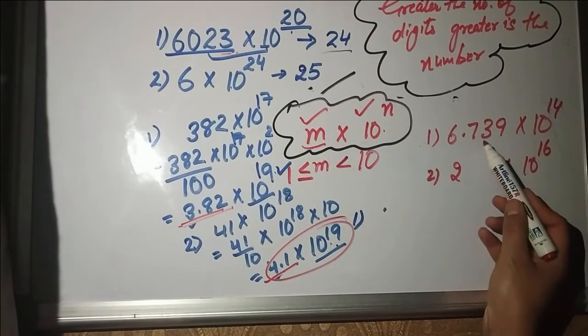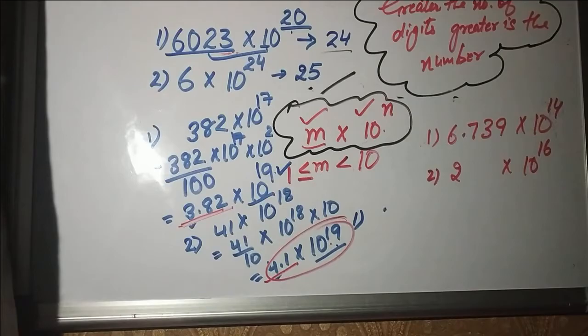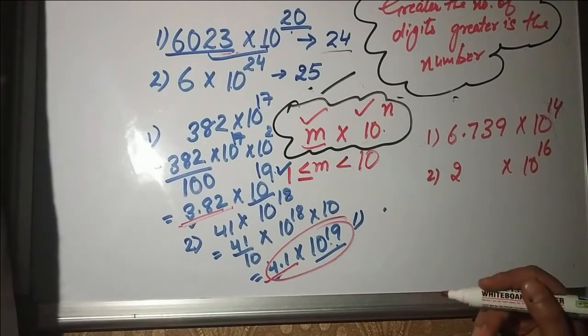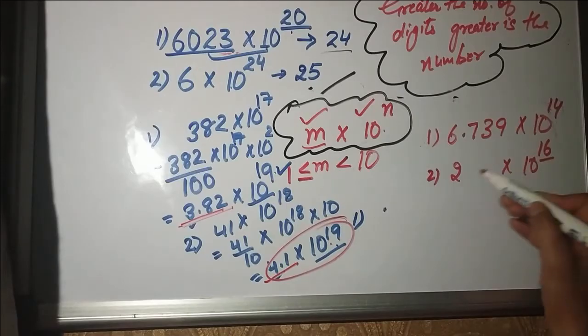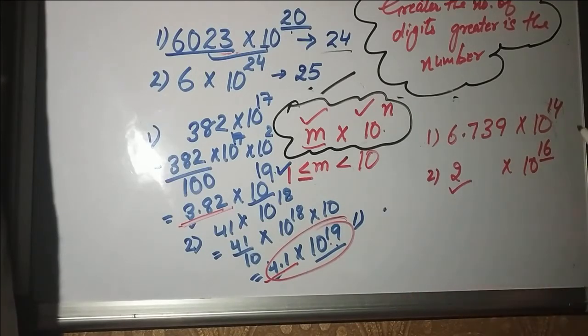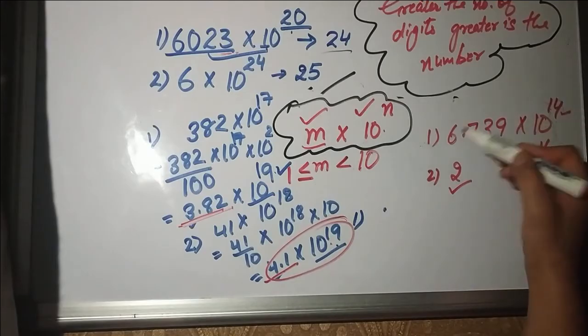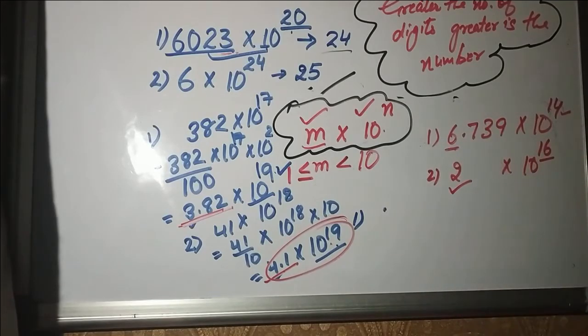Here, 6.739 into 10 raised to power 14 means approximately 7 times 10 raised to power 14, and the other is 2 times 10 raised to power 16. If we read it like this, it looks tough. But if we simply say it's a 17-digit number and a 15-digit number, which one is going to be greater? This one.